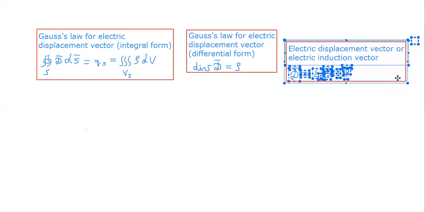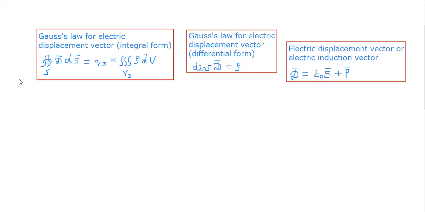Okay, so do you have any questions about this? No questions. Okay, let's remember from our previous lesson the dependence of vector of polarization density and electric field intensity.